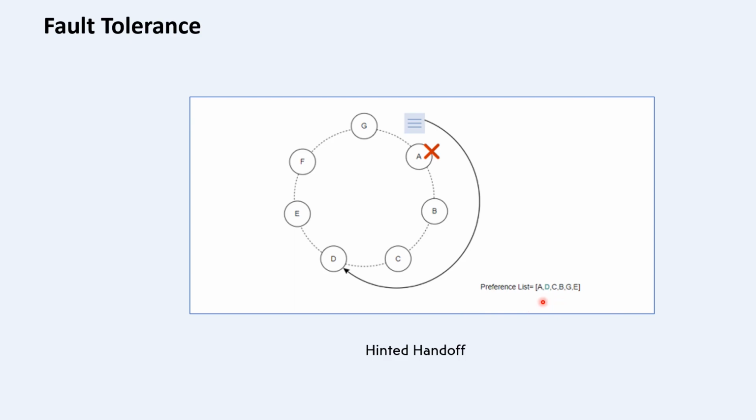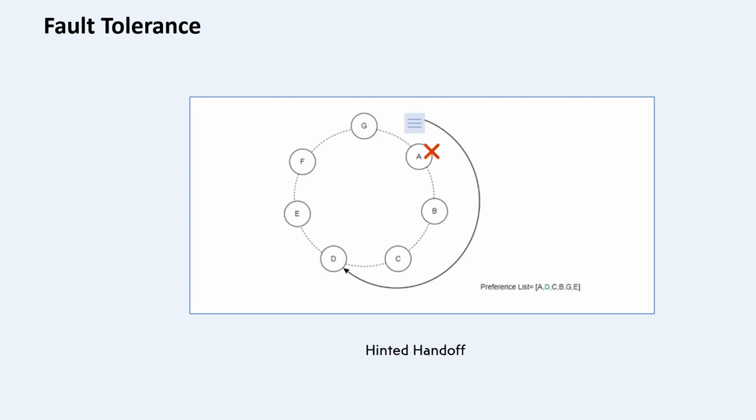Here you can see that the list is A, D, C, B, G, and E. So for example, during the operation of this application, node A goes down for maybe a few seconds. Now any request coming to node A will be sent to the server D, because according to the preference list, if A goes down, D will serve this.